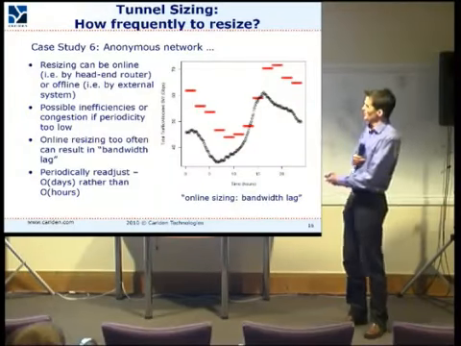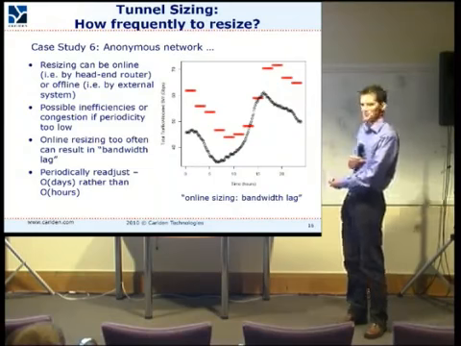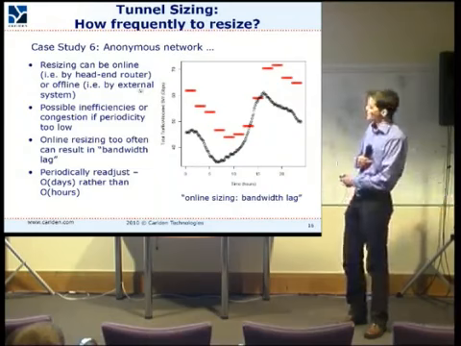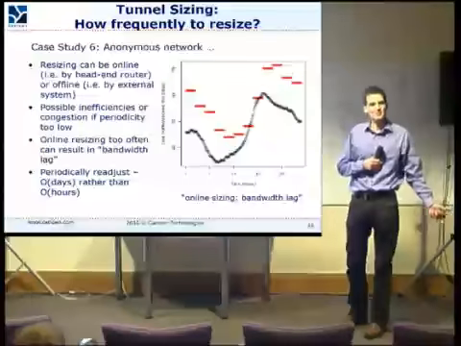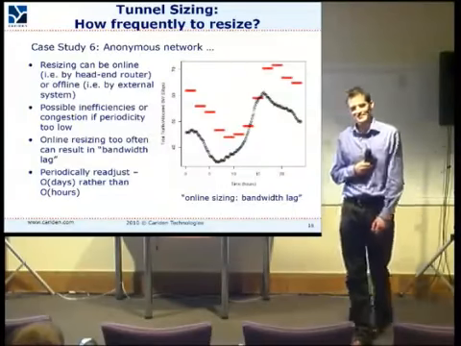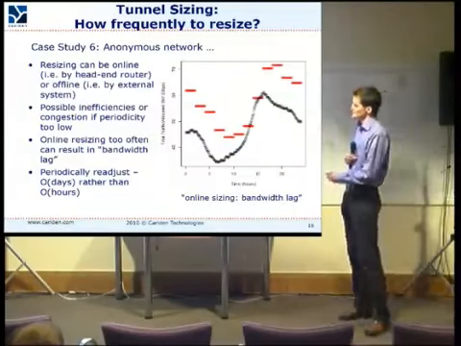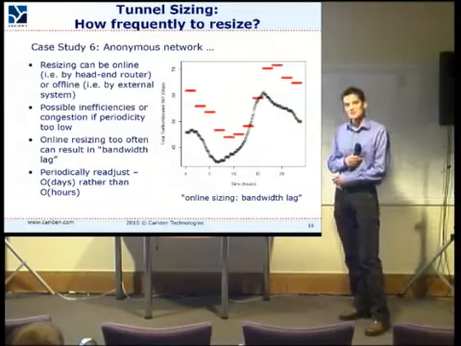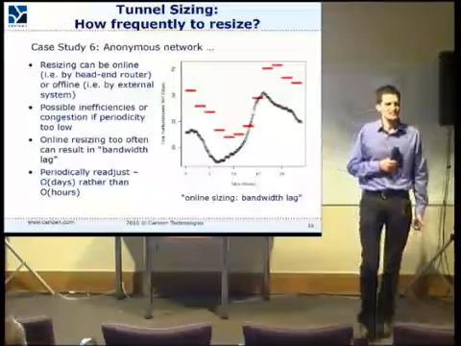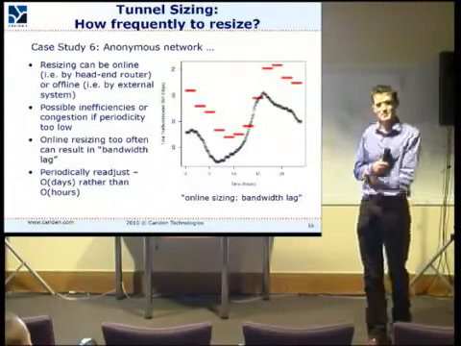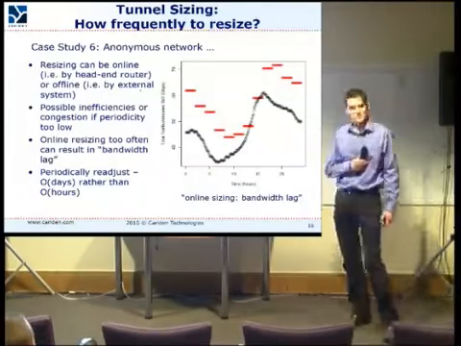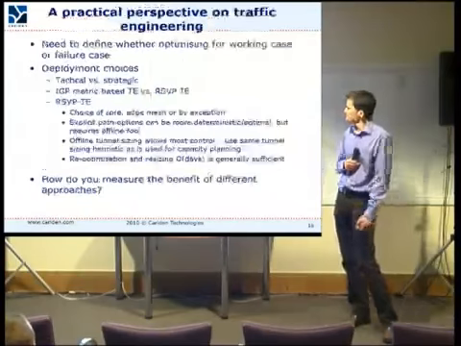So once you've gone past your peak and the traffic's dropping off, your tunnel bandwidth is still at peak. And then when you start ramping up, your tunnel bandwidth is lower than peak. So that's an issue with using just the past couple of hours of history. That has been done in the past, but typically I would say no less than a day as the interval over which you're doing the optimization, if you are doing dynamic sizing by the head end.